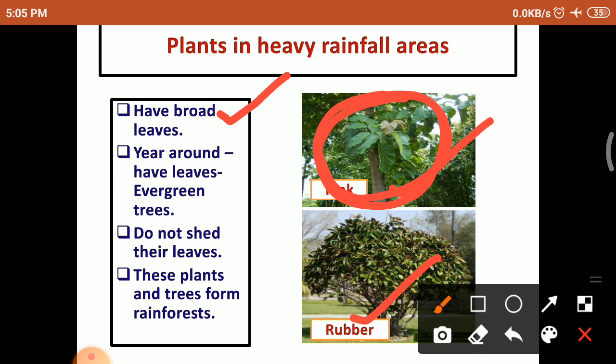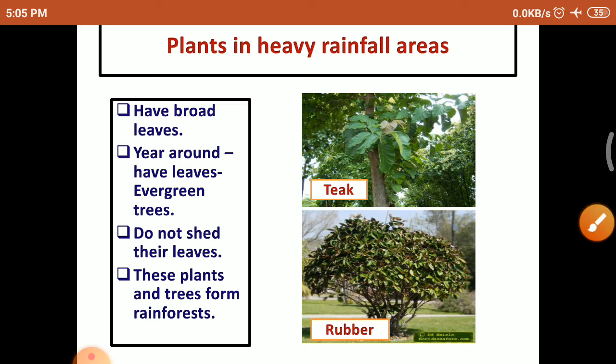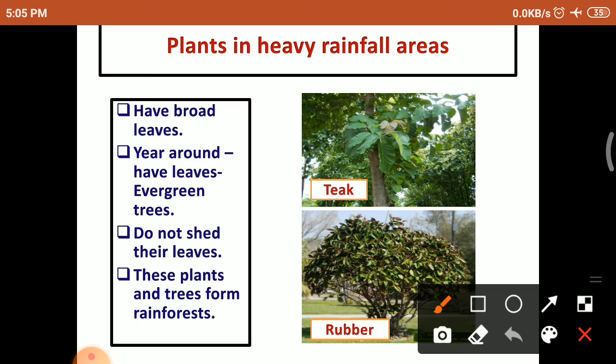The teak leaf is broad, that means it is big and broad. And these plants are also called evergreen trees. Why are they called evergreen trees? Because all year round, these plants always have leaves.